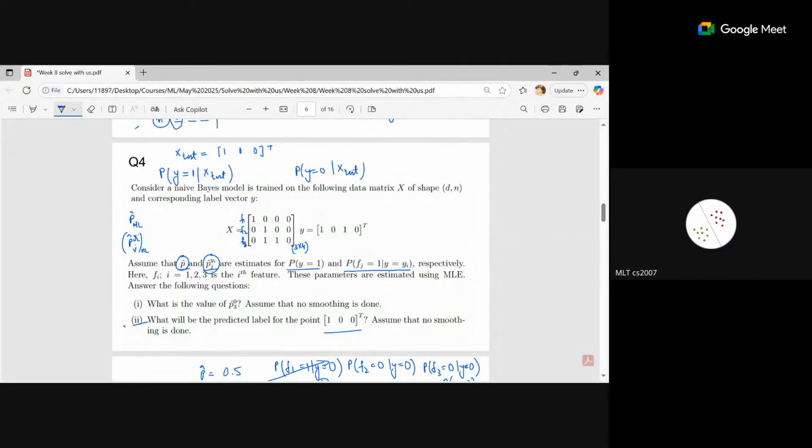We need to figure out which one is bigger, and whichever probability is bigger, we are going to predict that as the label for this test data point. In this example, we got y to be equal to 1. So for this, the answer is 1. And for this, the answer is 0.5.